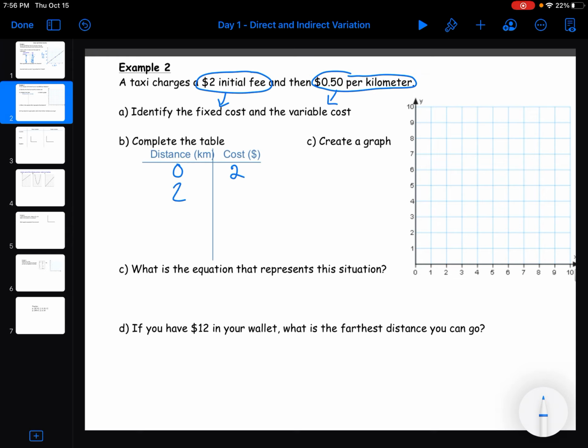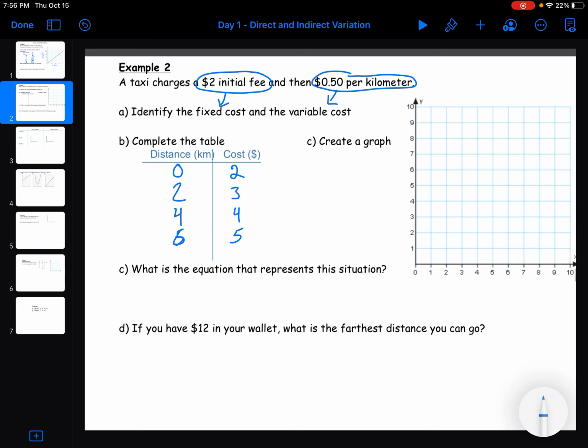If we go 2 kilometers, it's going to cost us $3. 4 kilometers, it's going to cost us $4. 6 kilometers, I'm going up by 2's here just so I can go up by $1, is $5. 2 times 50 cents is going to give me an extra $1 plus the $2.